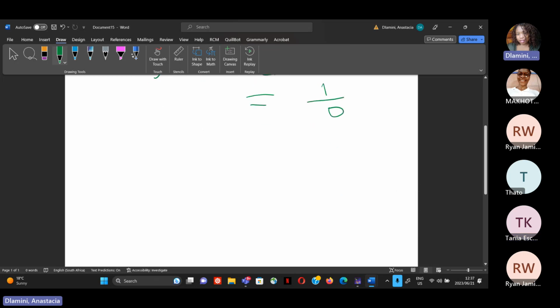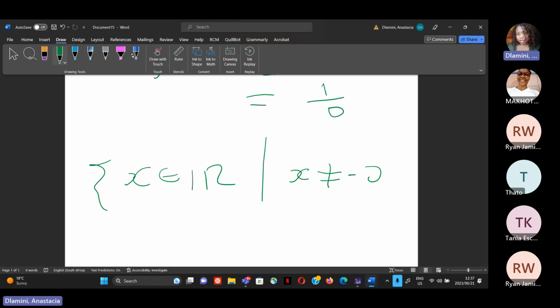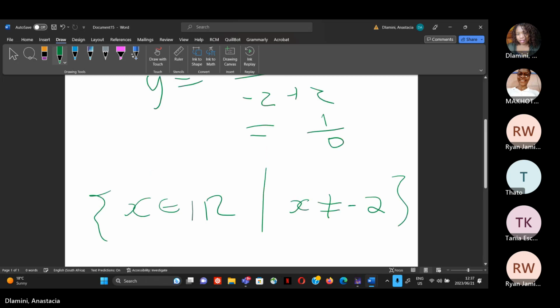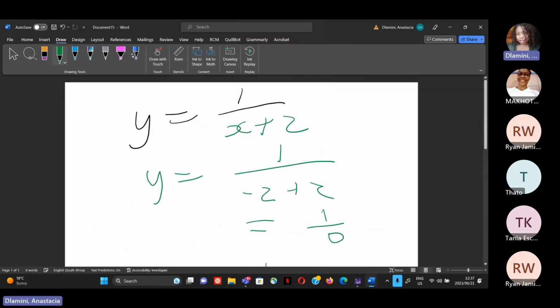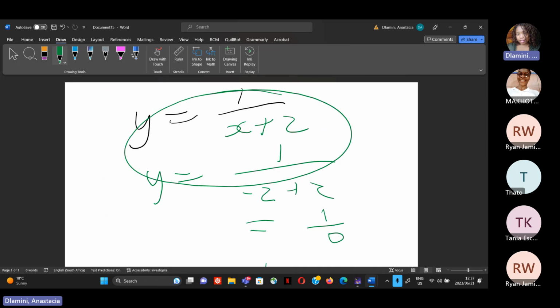So the domain of this one will be an element of real numbers, but let me write it in set notation: x should not equal -2, because once x equals -2, my function is undefined.